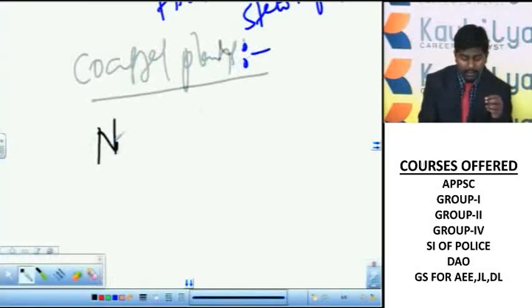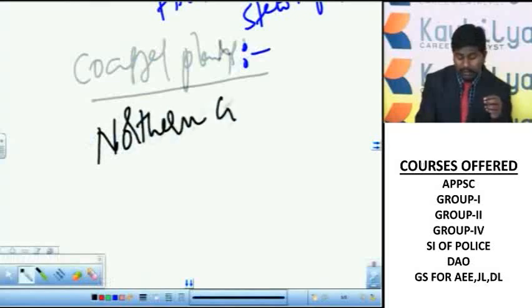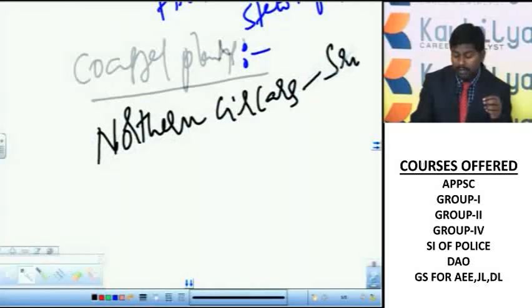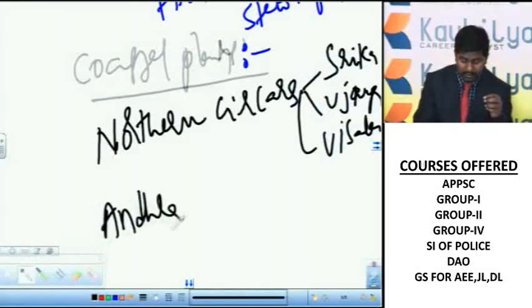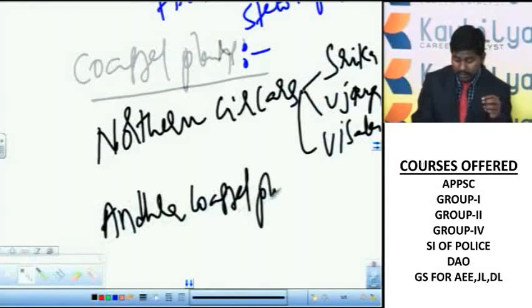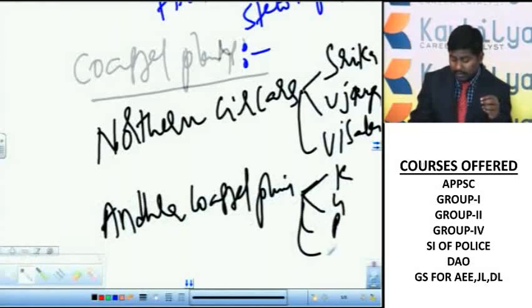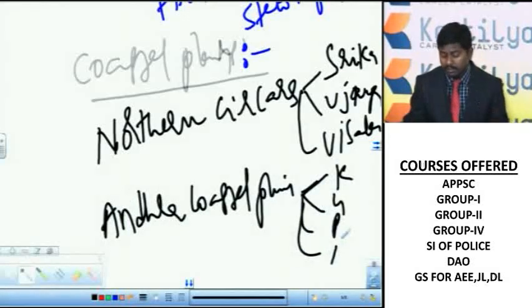Northern Sarkars, which are located in Srikakulam, Vijayanagaram and Visakhapatnam, and the remaining regions like Andhra coastal plains, which are located in Krishna, Guntur, Prakasham and Nellore, along with Godavari districts, that is East Godavari and West Godavari districts.